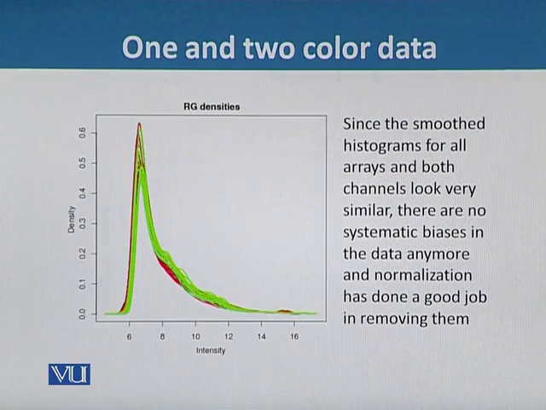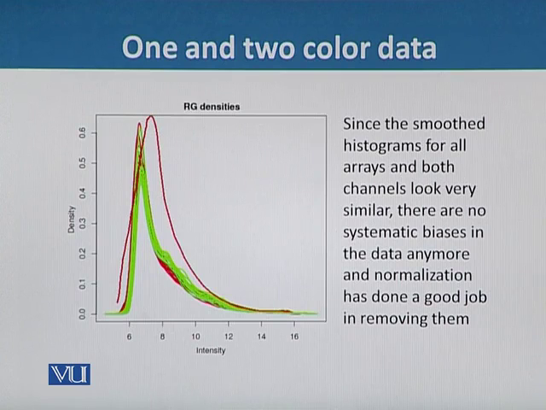Here we get this type of graph, a smooth histogram for all arrays and for both channels, and all 12 or 14 graphs look very similar in pattern. So there are no systematic biases in the data anymore, and normalization has done a good job in removing them. This shows the quality of the normalization.